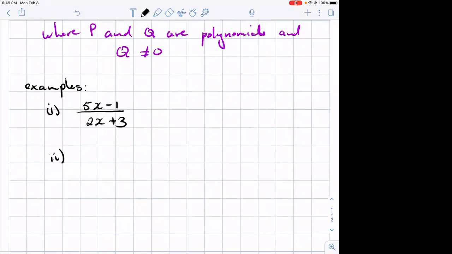Another example is a quadratic, x squared plus 2x plus 1, divided by x squared minus 4.